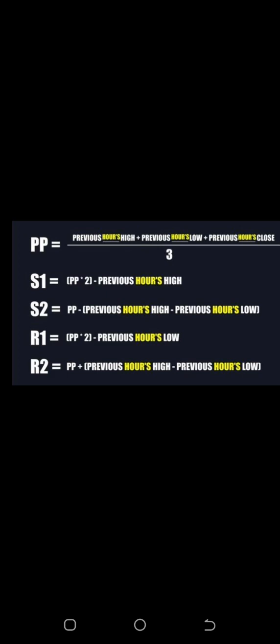S1 is support level 1, S2 is support level 2, R1 is resistance level 1, R2 is resistance level 2, we have resistance level 3, likewise support level 3. Royal Q has used the classic calculation and has made it much easier for us to just look at it.